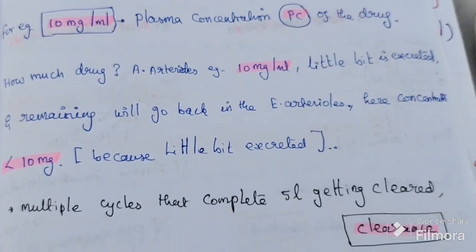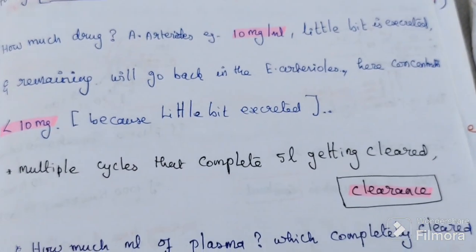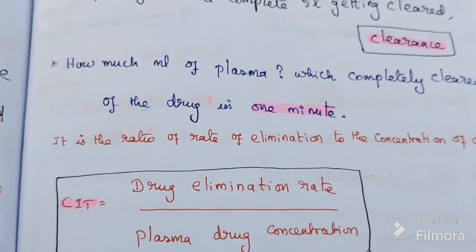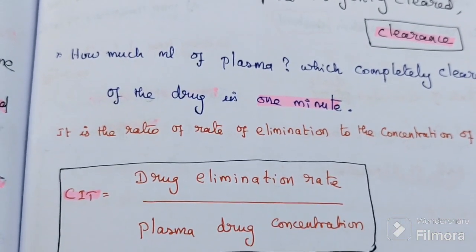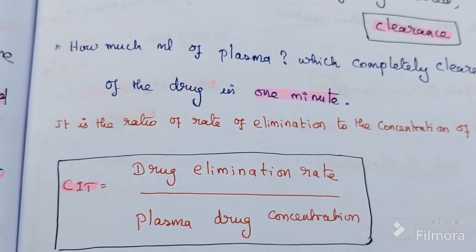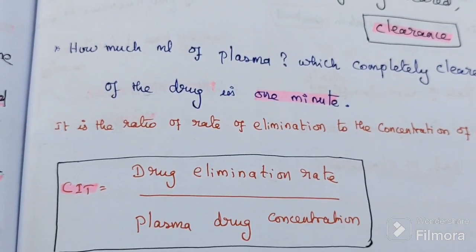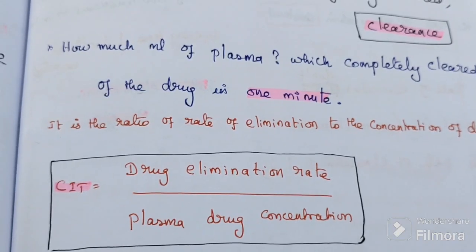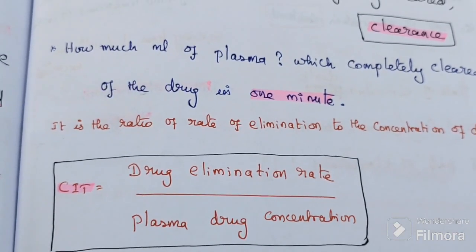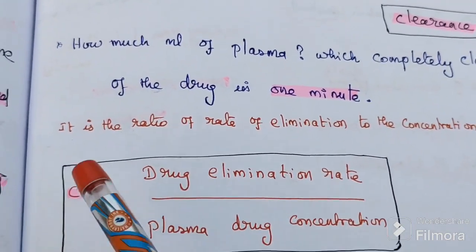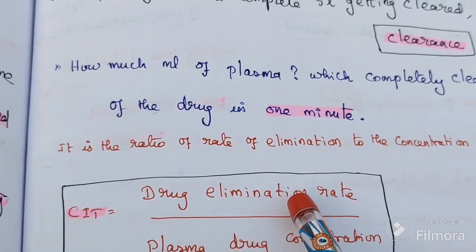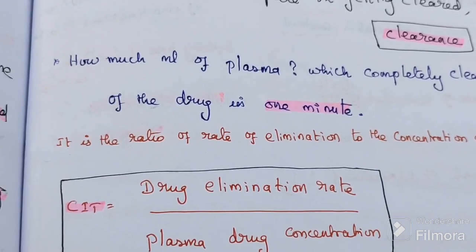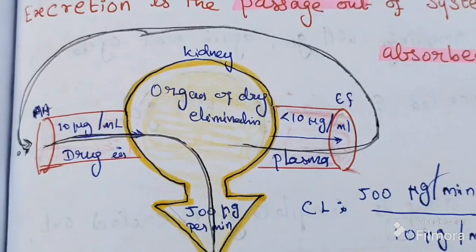So the formula: clearance is equal to the drug elimination rate divided by the plasma drug concentration.